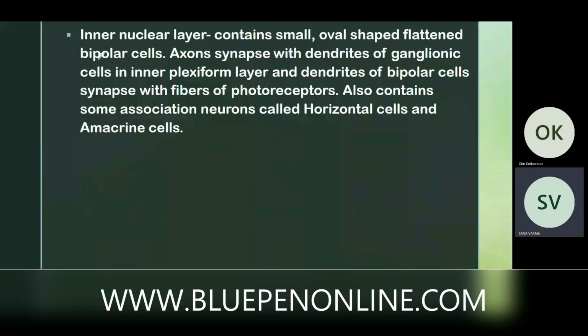So the main function of bipolar cells is to collect the electrical impulses from photoreceptors and transfer them to the ganglionic cells. Is it clear?